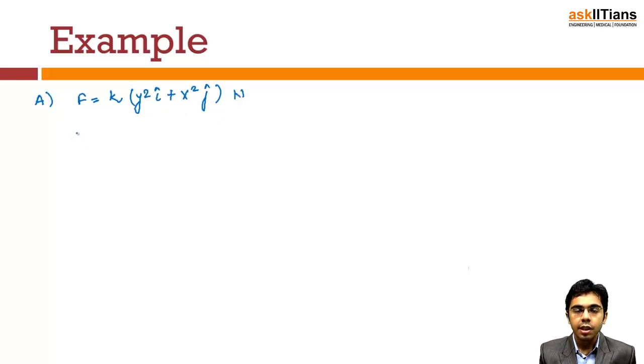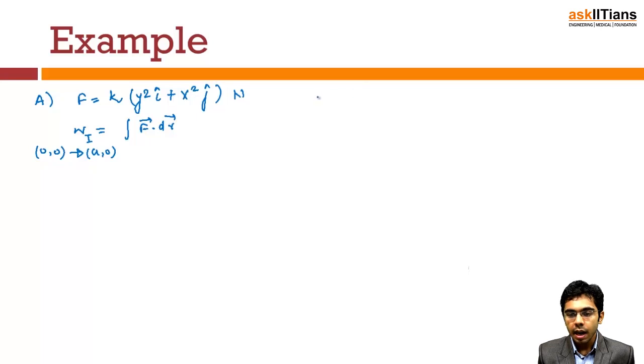Since it is a variable force, the work done along this path will be calculated first for going from A to B, 0,0 to A,0. Now we can apply the formula F dot dr, or F dot ds, where dr represents dx i cap plus dy j cap, since the motion is along the plane, along the coordinates x and y.